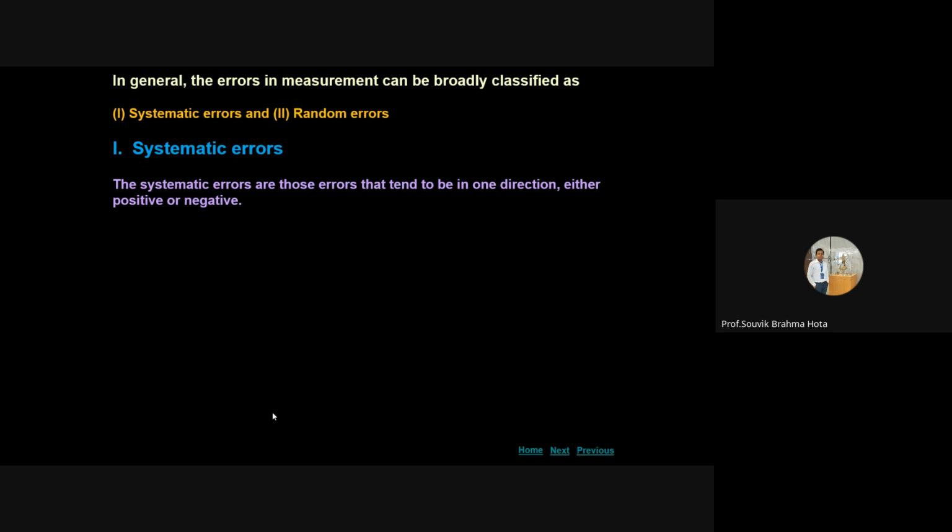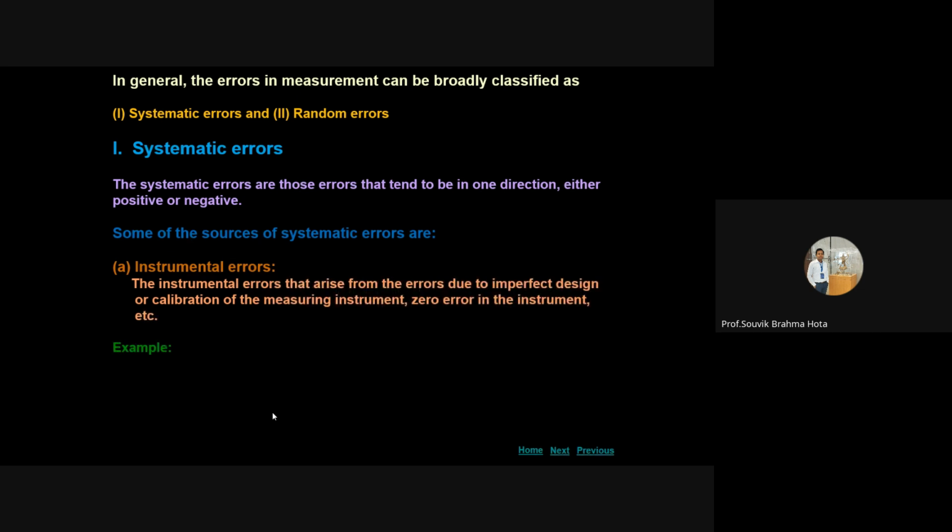So either in the positive or negative direction. Some sources of systematic error: instrument error, due to the instrument and its calibration. Instruments do have some calibration error. So we know that before going for measurement you should calibrate your instrument.